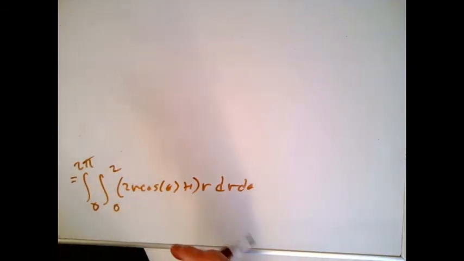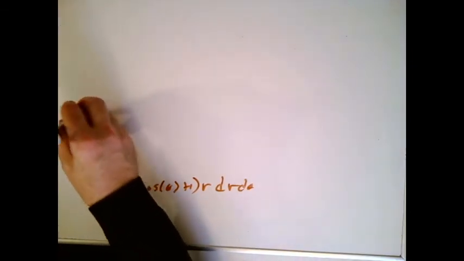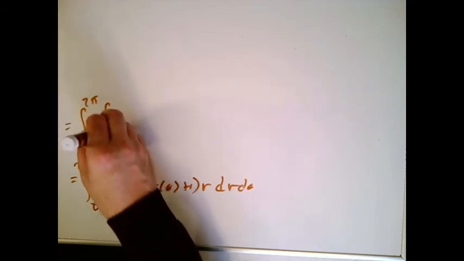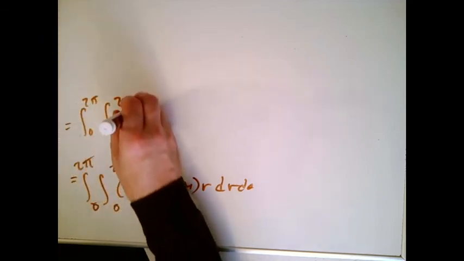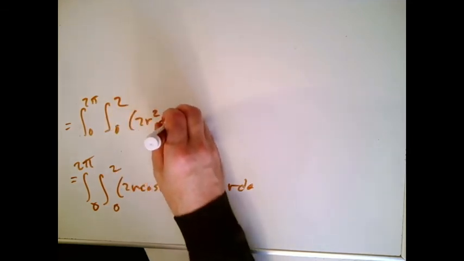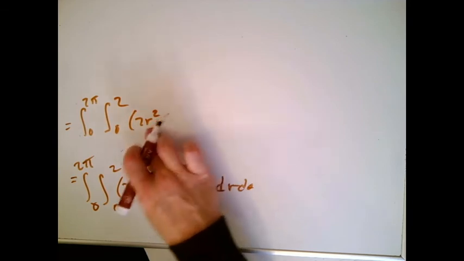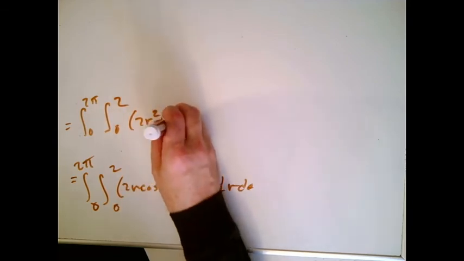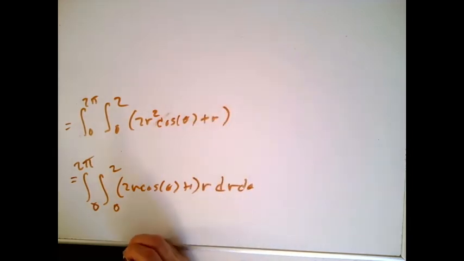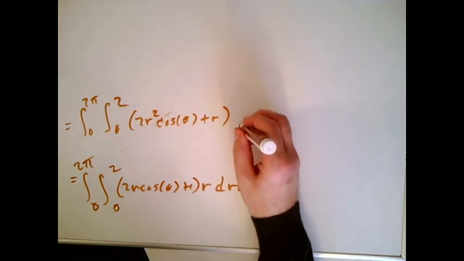Now in order to do this, I need to distribute the r first. So this is going to be 0 to 2 pi. This is going to be 0 to 2. This is going to be 2r squared plus r. Let's put that in the cosine theta. Cosine theta plus r. I want 2r squared cosine theta plus r. Yep, dr d theta.